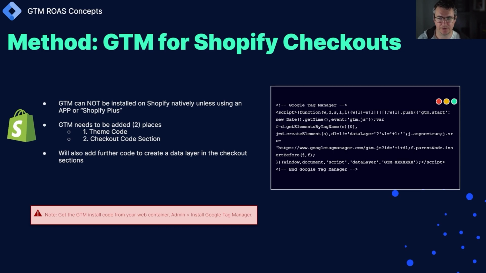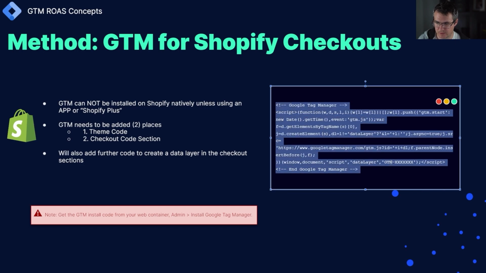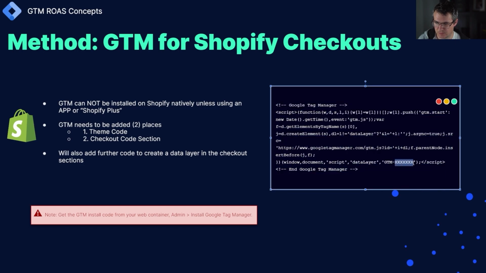They're kind of siloed. So we actually have to add this to that second section. And if we have a look here, this is the base code, and we just need to make sure that we get our Google Tag Manager web container ID, which you can see here in XXXXX, and we can just copy and paste that into the Shopify checkout section.